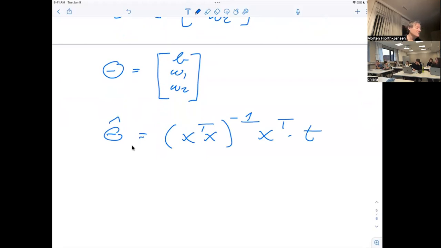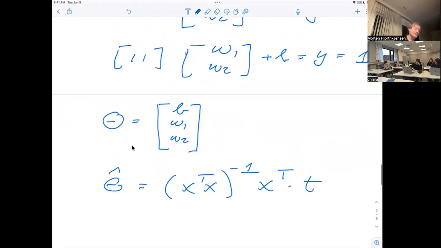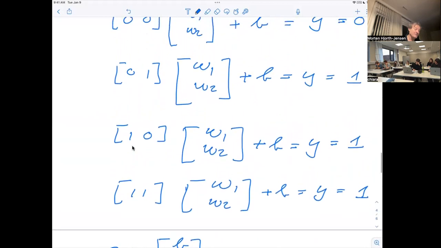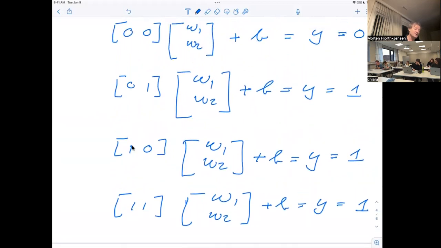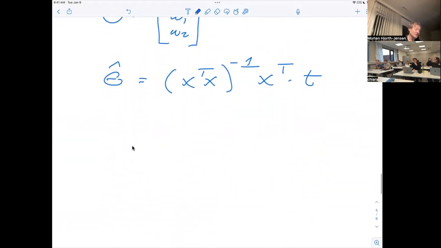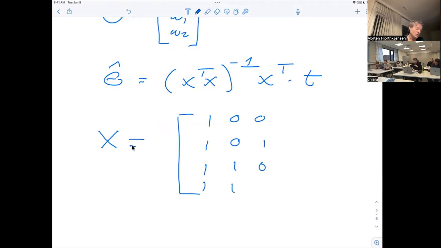So the design matrix in this case, if we look carefully at what we have here, you see now that the b's just come with a parameter 1. So that means that if we look at the design matrix, in this specific case it would contain the column for the intercept, if we want to use this intercept. And then we would have x1 and x2. So we would have 0 and 0, 0 and 1, 1, 0, and 1, 1 here.